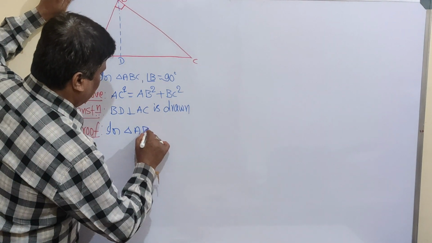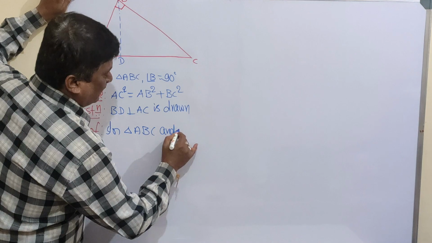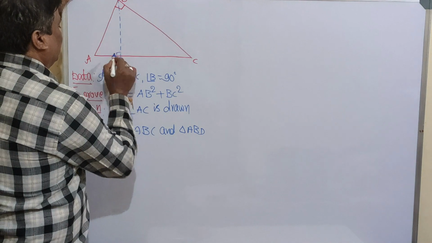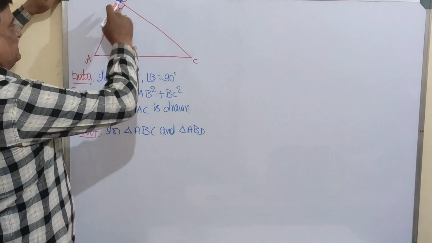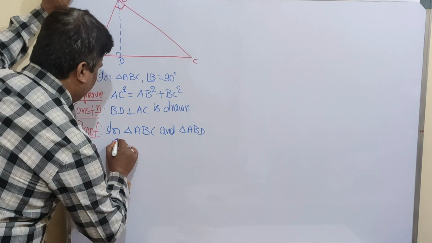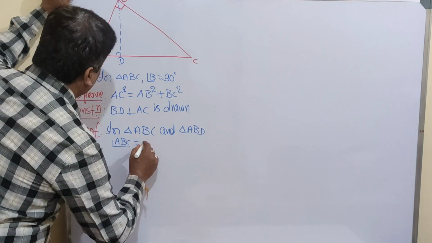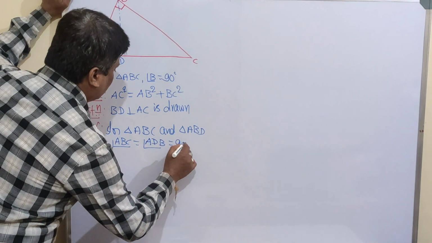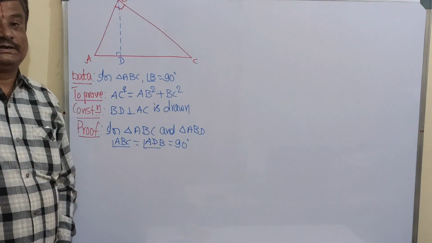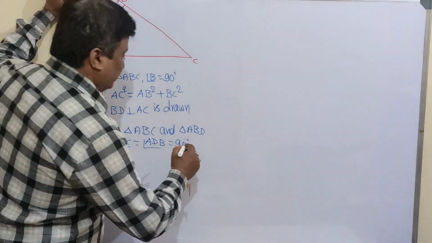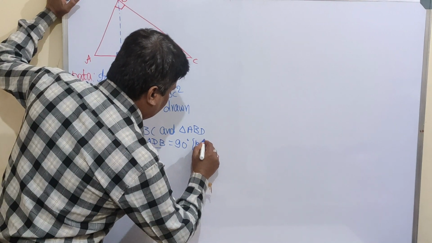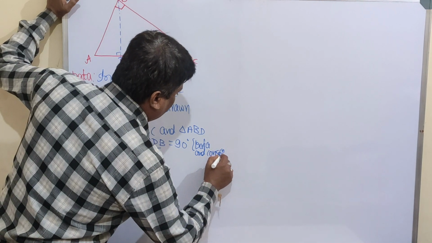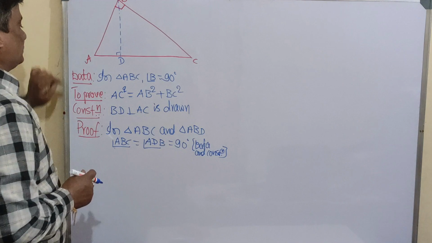In triangle ABC and triangle ABD, as you know, angle ABC is 90 degrees, which is equal to angle ADB, that is 90 degrees. It is because of the given and the construction.